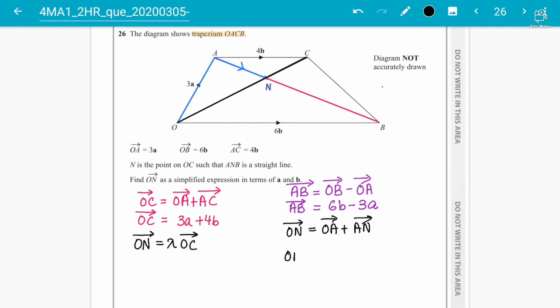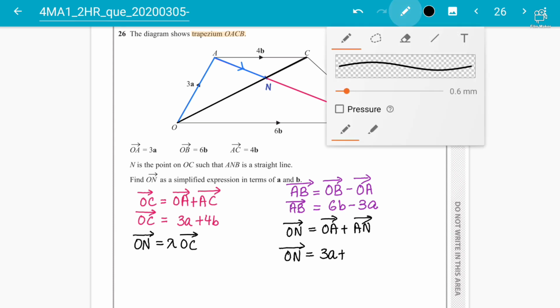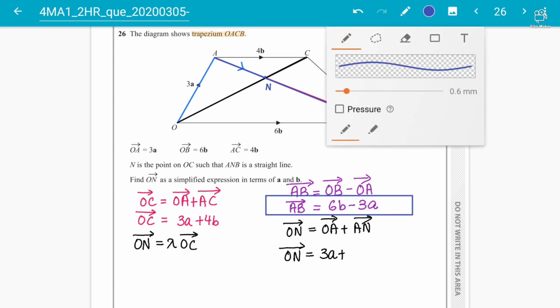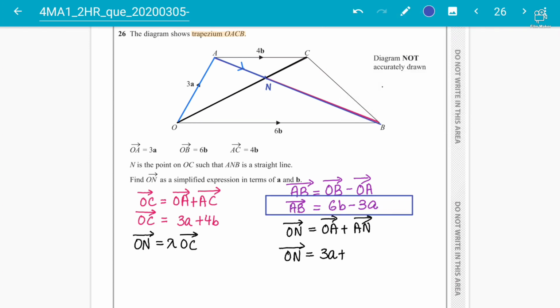And then you can say that the ON vector is going to be, OA is already the vector you know, that is 3a, and then plus AN. Again, you are going to use the straight line rule, because there is a straight line and you already know AB. That's why we find out the things first, because we already know AB.